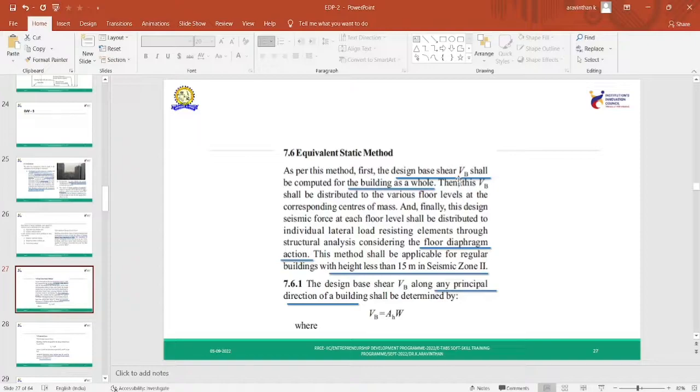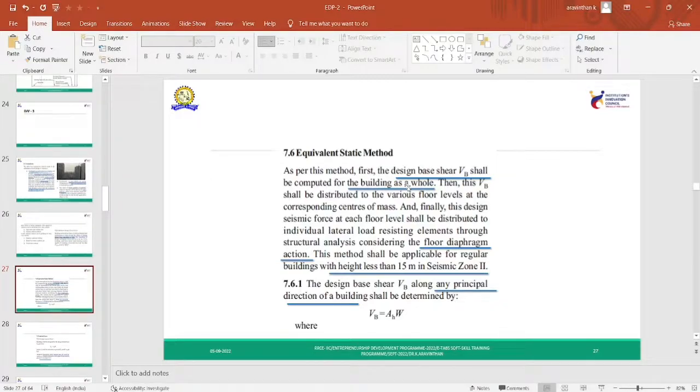When your structure is shaking, what happens? There will be a shear. So this is called the base shear, VB, to be computed for a building as a whole. So you have to first find the design base shear, and you have to compute it for the building as a whole.